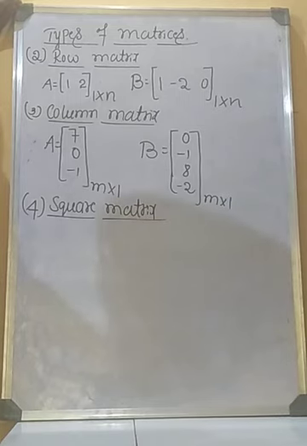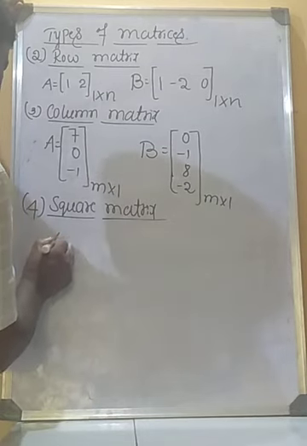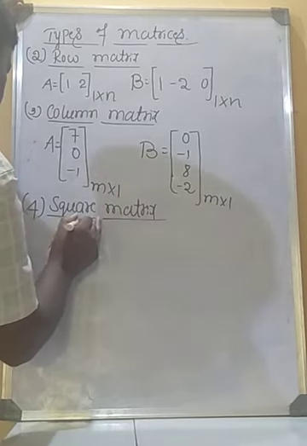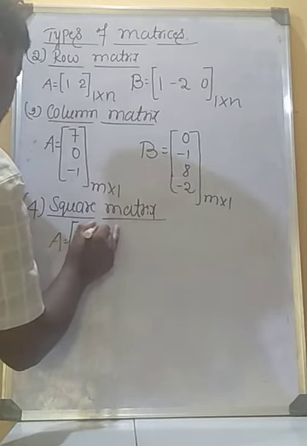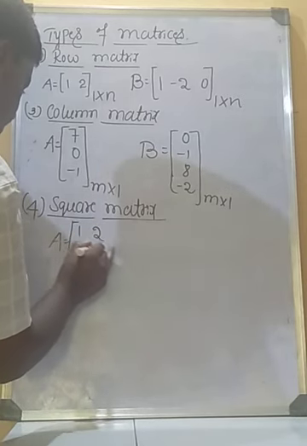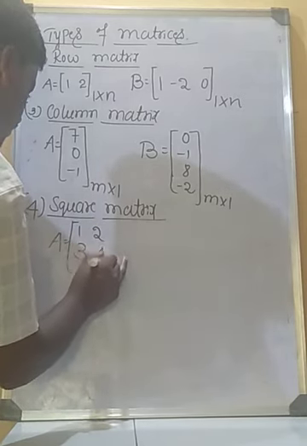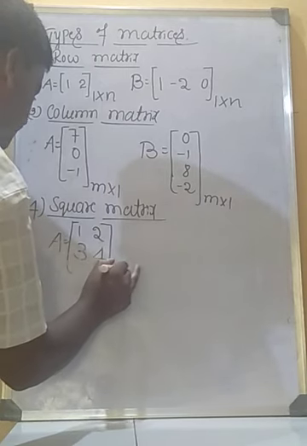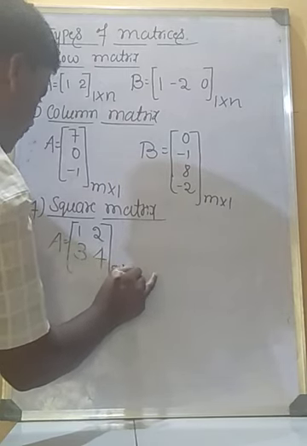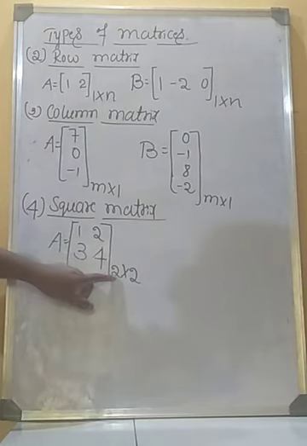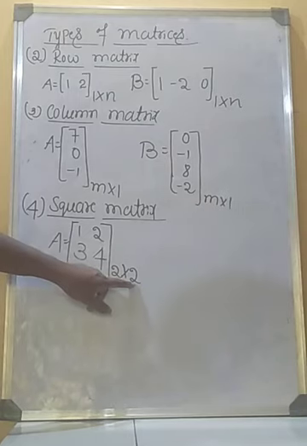For example, matrix A is equal to [1 2; 3 4]. What is the order of this matrix? 2 cross 2. So the number of rows is 2, and the number of columns is also 2. Number of rows equal to number of columns.